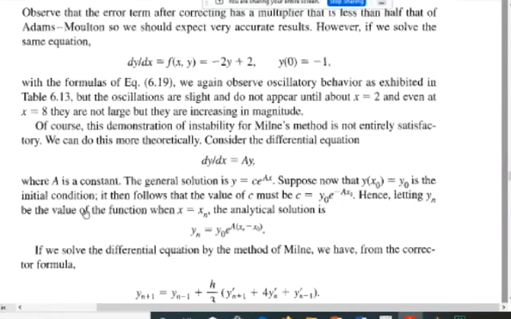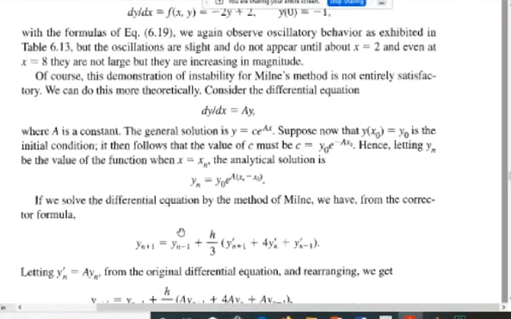Letting yn be the value of the function when x equals xn, the analytical solution is yn equals y0 e to the a times (xn minus x0), with this value of c.